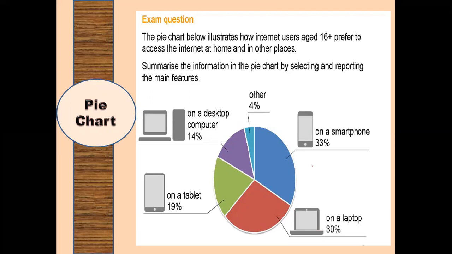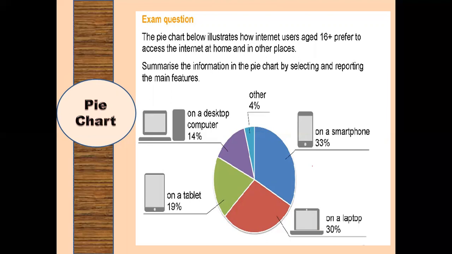And if we compare the smartphone with the desktop or computer, you will find there are 14% users who are using desktop computer, and this is comparatively less than tablet, smartphone and laptop. And the minimum users are 4% who are using other than these devices like desktop, smartphone, laptop and tablet.